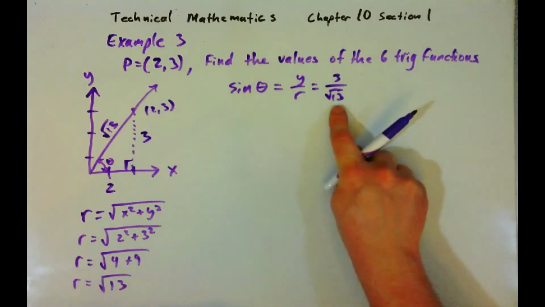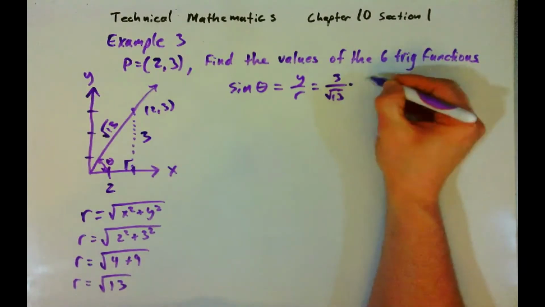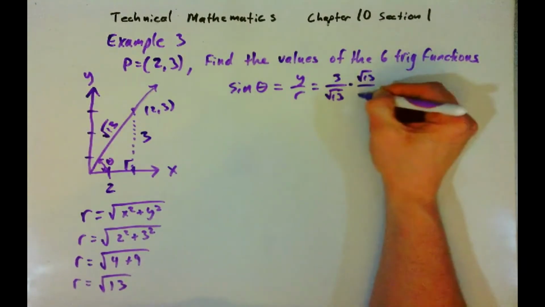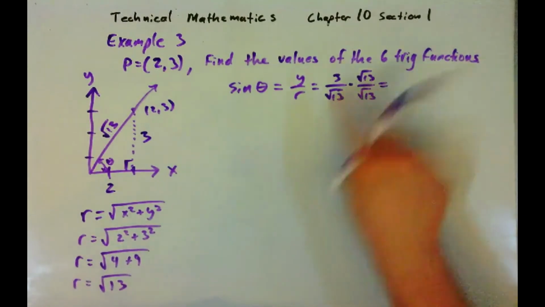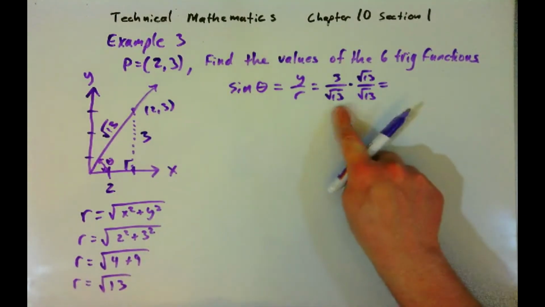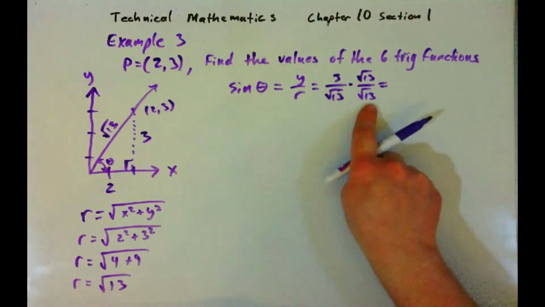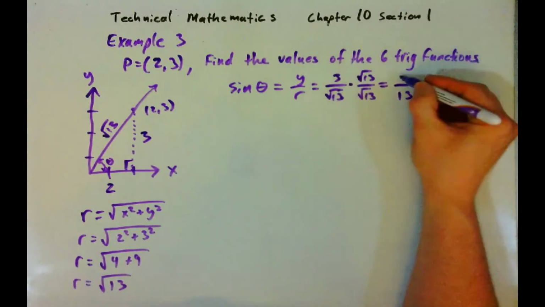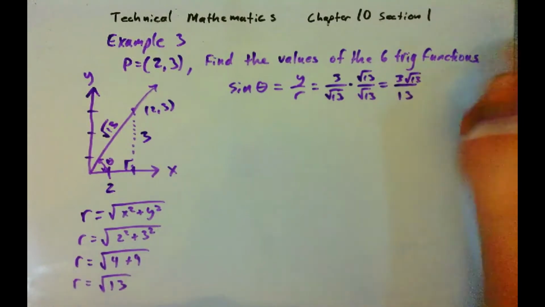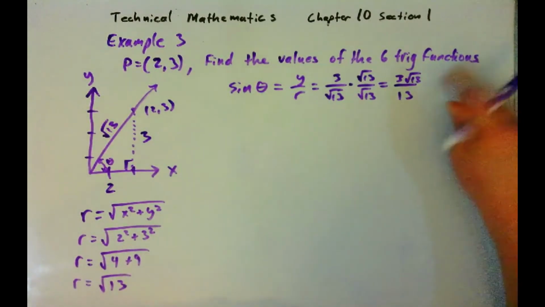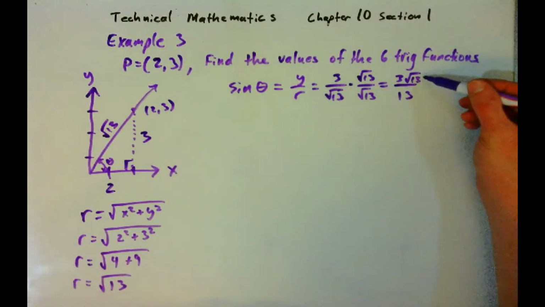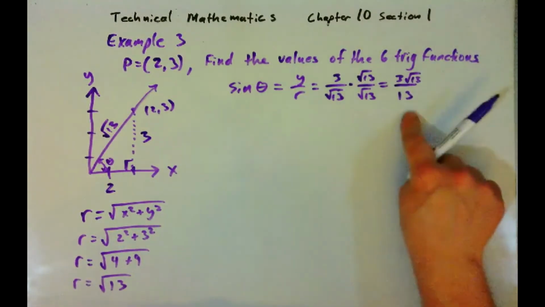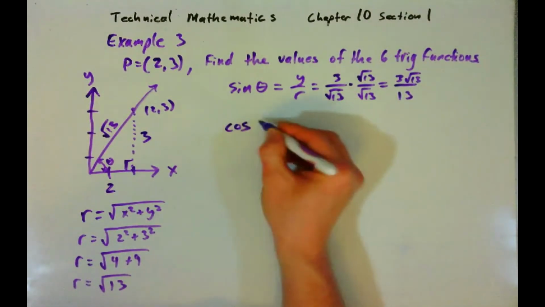And so to get rid of this radical 13 in the denominator, we multiply by radical 13 over radical 13. Anytime you square a radical, or multiply it by itself, that cancels the radical and we get 13. And in the numerator we will have 3 radical 13. So this is the form that we prefer, where the radical is in the numerator rather than the denominator. And so this will be our answer for sine.